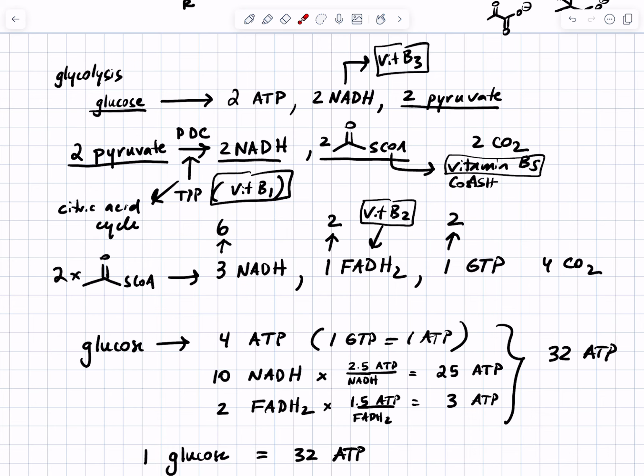So what can affect rates of reactions? Well, the number of enzymes that each cell has, how much that enzyme is expressed, and how fast those enzymes are. These processes are tightly regulated, so I think I mentioned in glycolysis, the first two steps and the last step are irreversible, and those steps are tightly regulated.